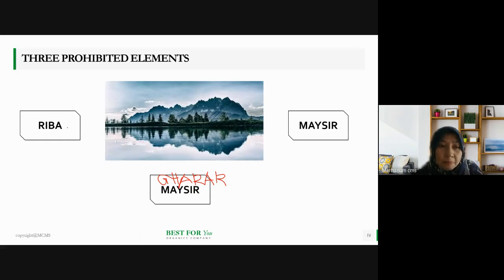Riba happens in conventional insurance when the money they receive from the policyholder is invested into non-Sharia compliant investment activities. Riba is defined as an excessive amount of money from undefined resources.